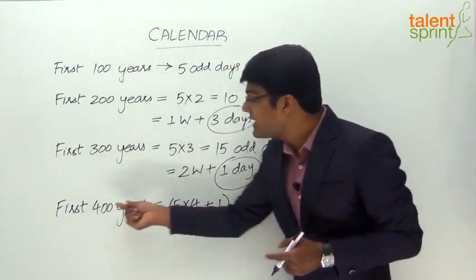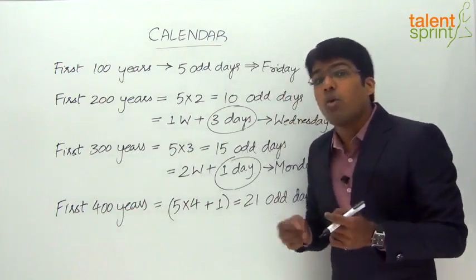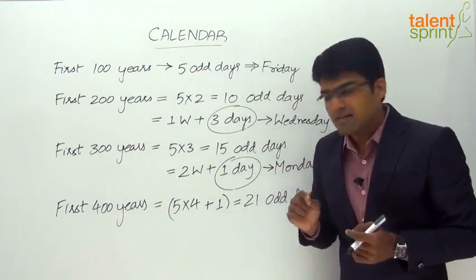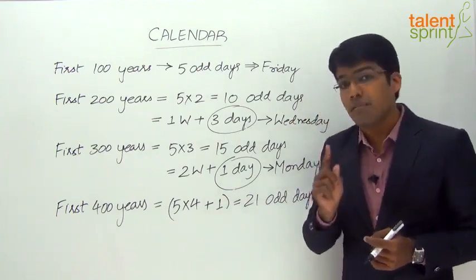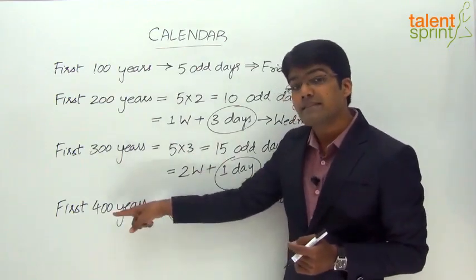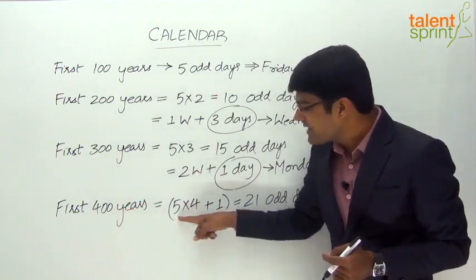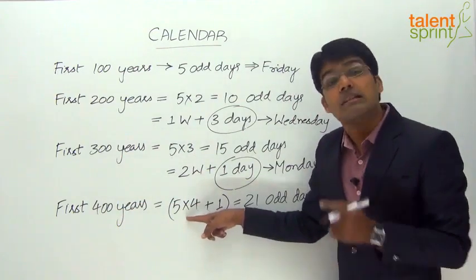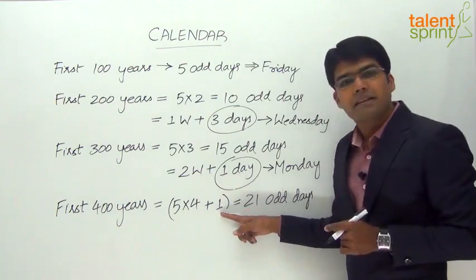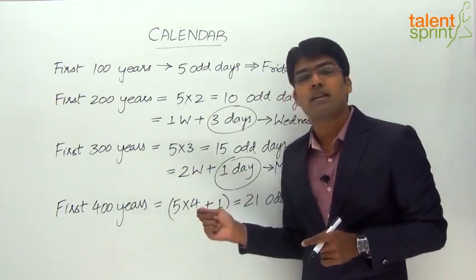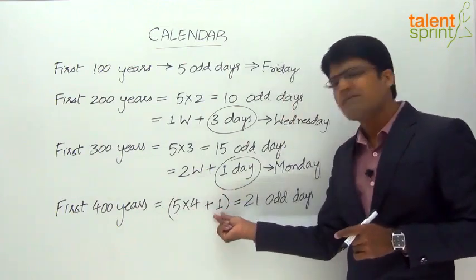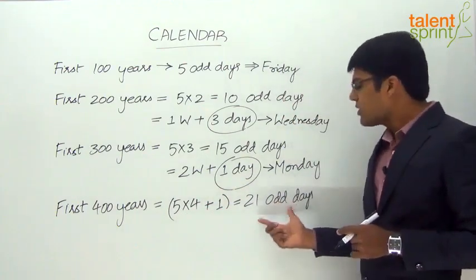That means this 400th year will have one more day than an ordinary year. So that is the reason we have taken plus 1. Actually, a leap year has 2 odd days. But understand, one of those odd days for the 400th year has already been considered in this part, 5 into 4. The additional odd day has been taken here. So that is the reason we have the total number of odd days for the first 400 years as 5 into 4 plus 1, which is 20 plus 1, 21 odd days.